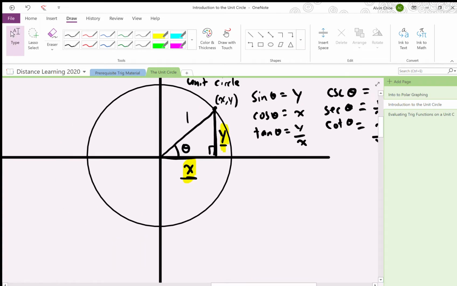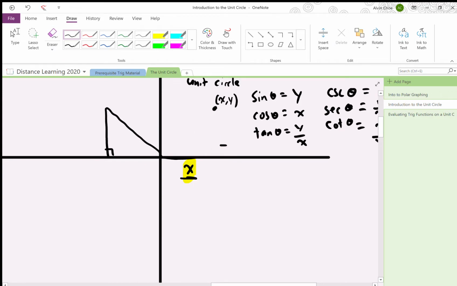Now, let's say I were to draw the same right triangle in quadrant 2. In quadrant 2, we would be actually changing the way we see this a little bit, because in quadrant 2, our theta value is here. To go to quadrant 2, you would need an angle measure like 120 degrees, for example.